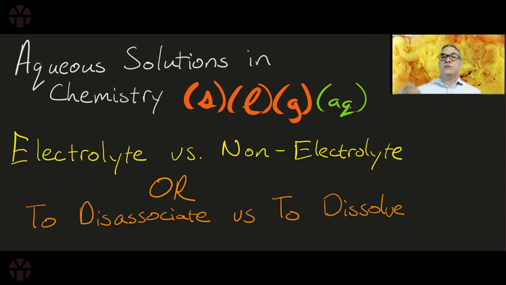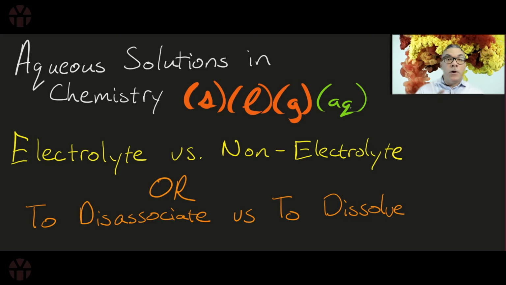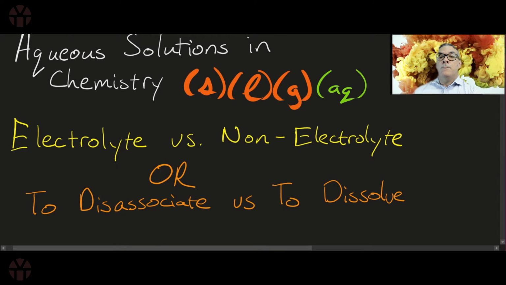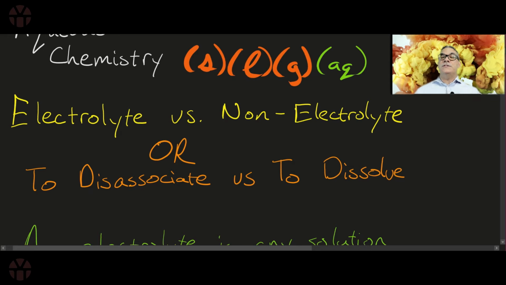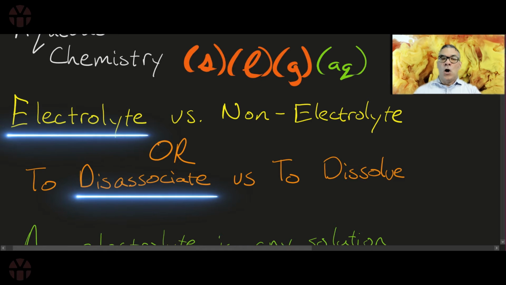Now, why is it so important to have this distinction? Well, because when a substance, and I'm going to put air quotes on this, dissolves, it is going to break up into smaller pieces. How it breaks up into smaller pieces is what we're now going to start talking about, because what we notice with most solutions is that they can usually be classified as an electrolyte solution or a non-electrolyte solution.